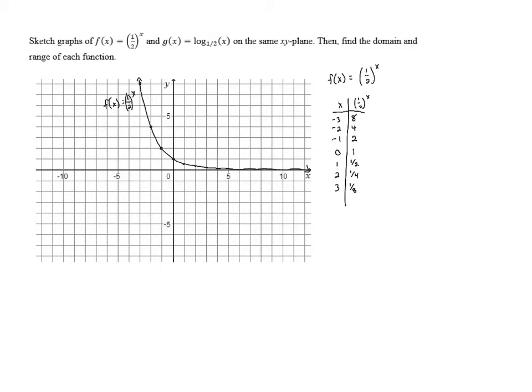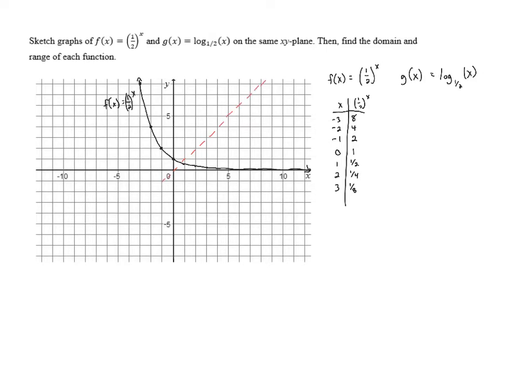Now, because g of x equals log base 1/2 of x is the inverse function of f of x, and we know that when we have inverse functions, their graphs are reflections of each other across the line y equals x.